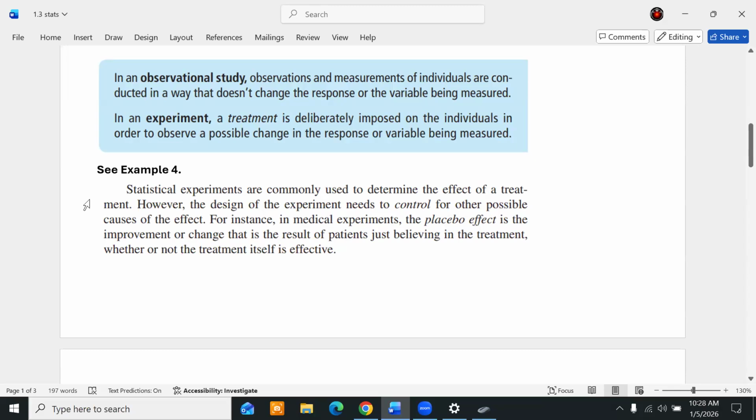Statistical experiments are commonly used to determine the effect of a treatment. However, the design of the experiment needs to control for other possible causes of the effect. For instance, in medical experiments, the placebo effect, which some of you, or maybe all of you, have heard of before, is the improvement or change that is the result of patients just believing in the treatment, whether or not the treatment itself is effective.